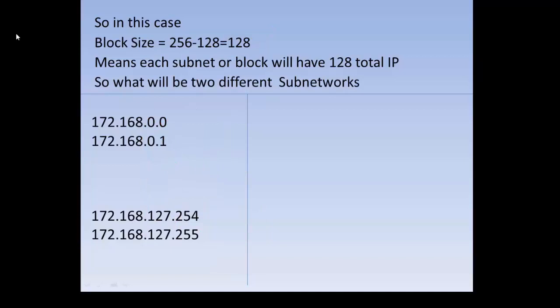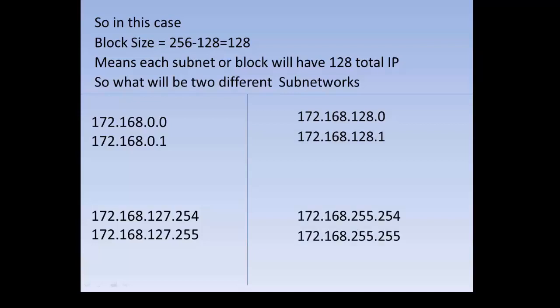We require 2 subnets, so what will be the second? The second will be this one. Naturally the block size is 128, again repeating. So here 0, and a variation of 128. This will be the network ID, this is the valid IP range, and this will be the broadcast IP.